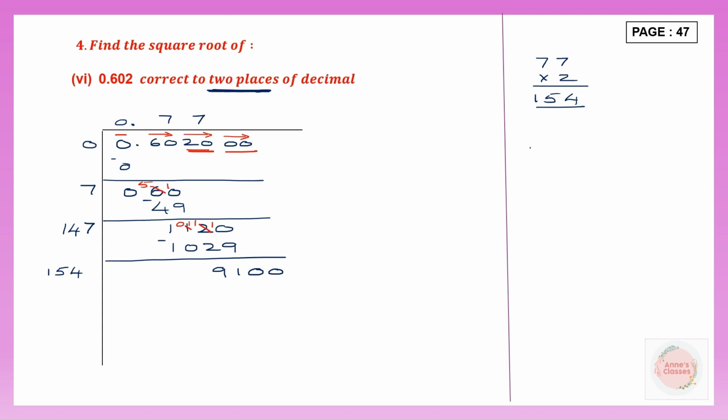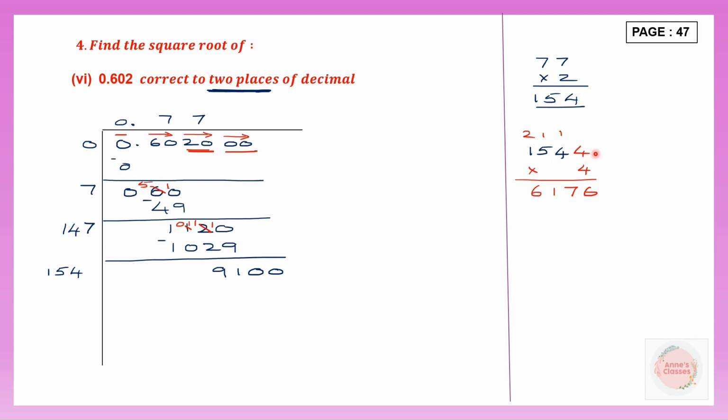So we'll take 154 and next to it let me put 4 and multiply by 4. 4 4s are 16, carry 1. 4 4s are 16 plus 1, 17. 4 5s are 20, 21, carry 2. 4 1s are 4, 5, 6. Now I've got 6176. That's close but not close enough.